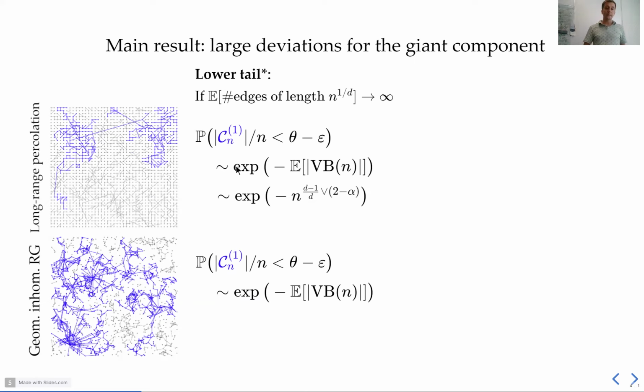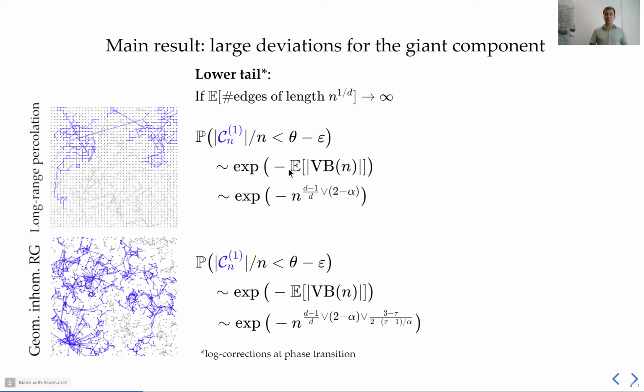And for GIRGs, we see a third term appearing, which is exactly the zeta that Julia discussed in the previous talk. And a small remark is that this is true up to some log correction factors when these exponents are actually equal to each other. And then sometimes we have log factors in the lower bound that we don't prove yet in the upper bound. We think that our lower bounds are sharp.